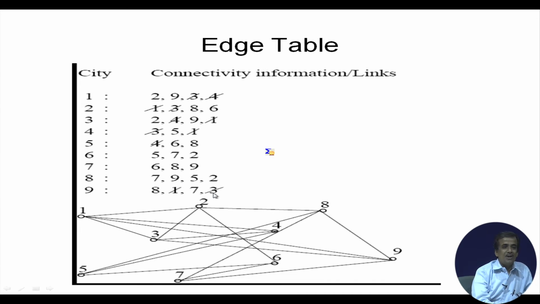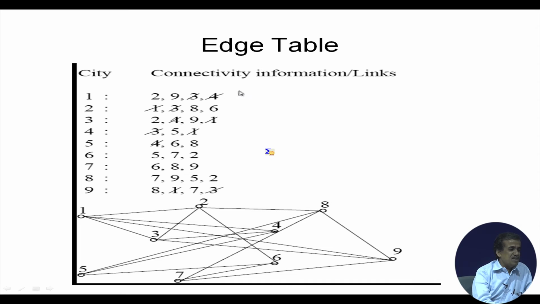That means this is not a fully connected network, this is a partially connected network and this shows the connectivity of the different cities. And here in the graphical form you can see the connectivity.